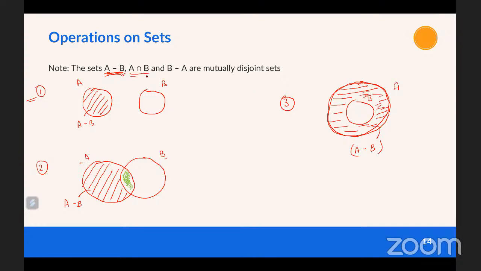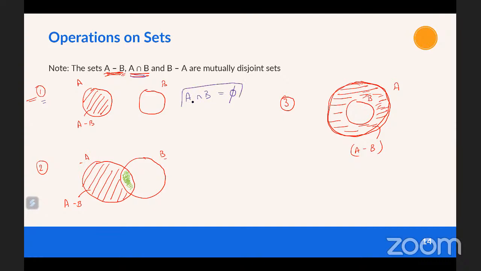Now we'll see what A intersection B is in all the 3 cases. In the first case, there is no element which is common to both A and B, so there is no intersection. A intersection B is the empty set.